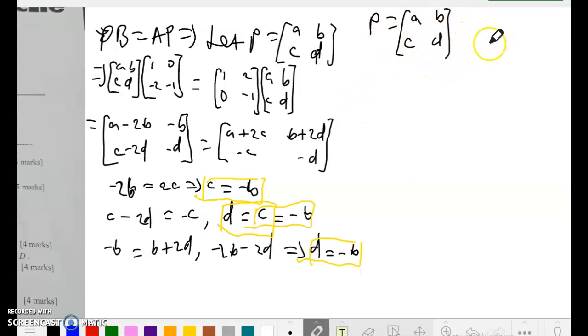The inverse of this matrix can be seen as 1 over the determinant of this, into, let's switch this, it will become d, negative b, then we have negative c, and we have a. This will give us the inverse of this P, which is given by a, b, c, d.